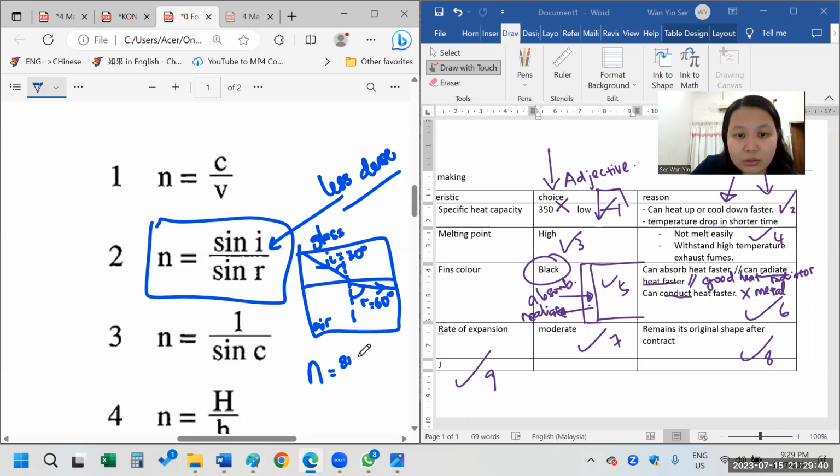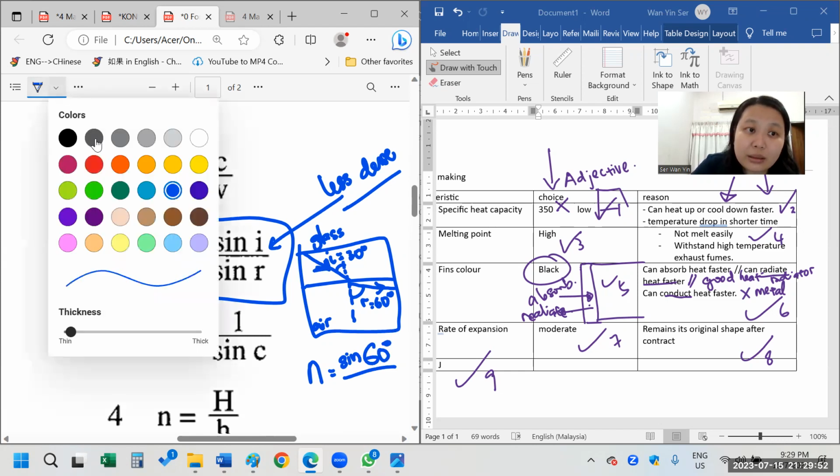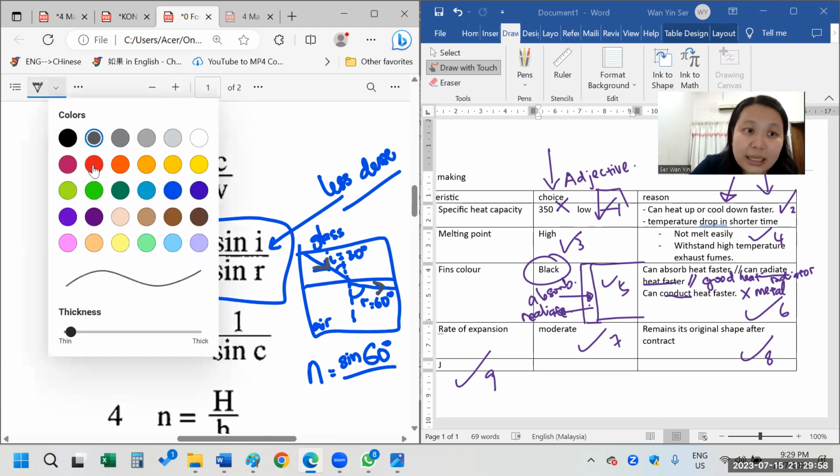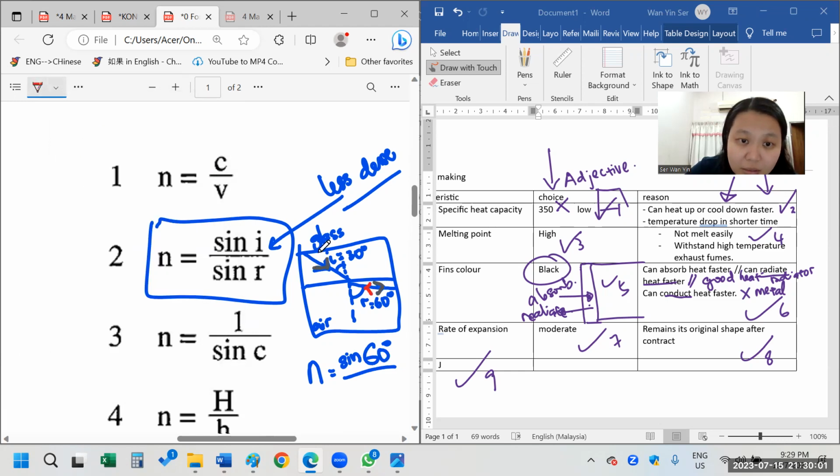N equals to sine. The I, even though here is glass, but we take R as I. Because when the light go this way, then it will reverse in the same angle. It will reverse in the same angle.